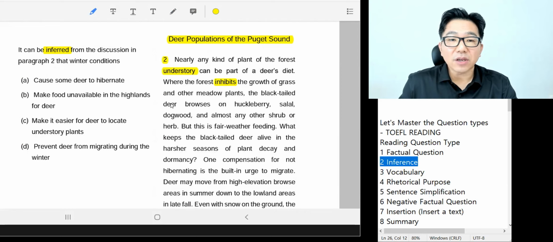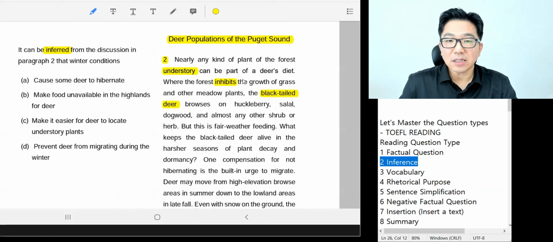The black-tailed deer browses on what? Huckleberry, sorrel, dogwood, and almost any other shrub or herb. So these would be understory plants that are a part of black-tailed deer's diet. Okay, so this is how the second sentence is related to the first sentence.